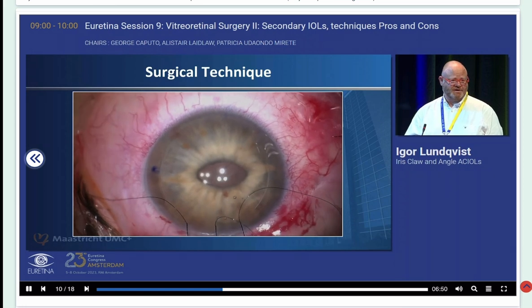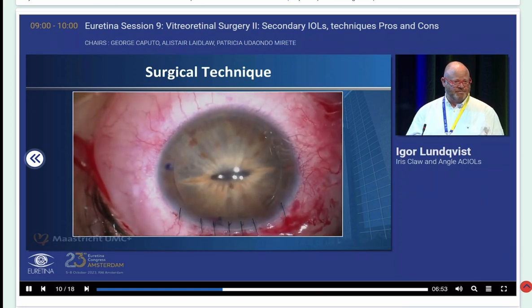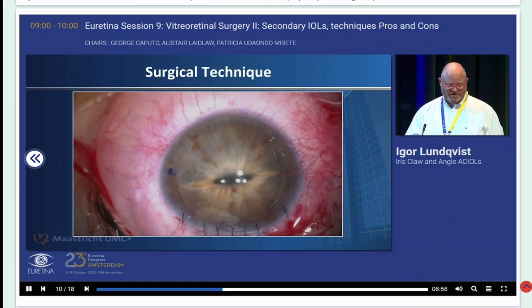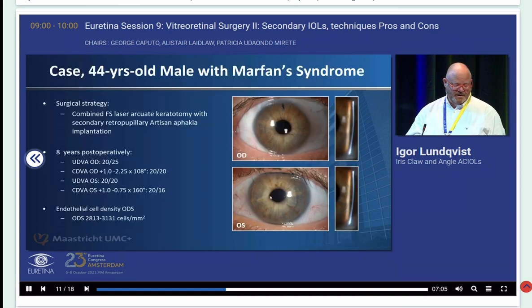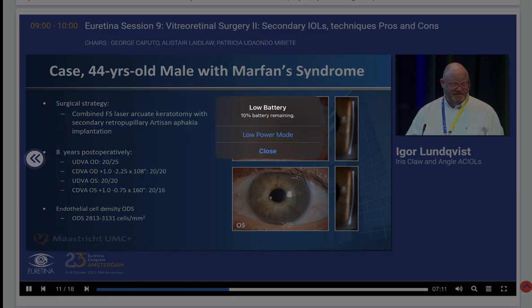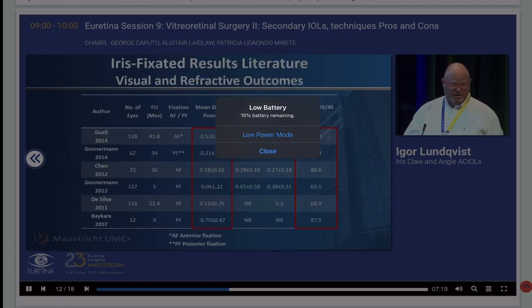Yes, you'll see some ovalization of the pupil, but this is just temporary, especially when you use the miotics, which will go away as soon as you have a normal dilatation of the pupil again. 8 years later, vision has been stabilized with a very nice refraction, stable endothelial cells, and if we look at the long-term data on stabilization of the refraction, you see that all refraction is within the 1 diopter range with good visual outcomes.